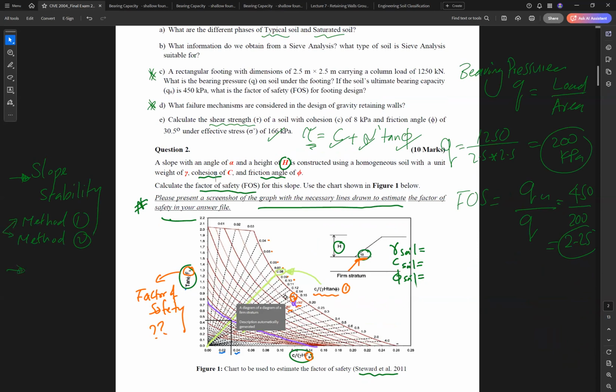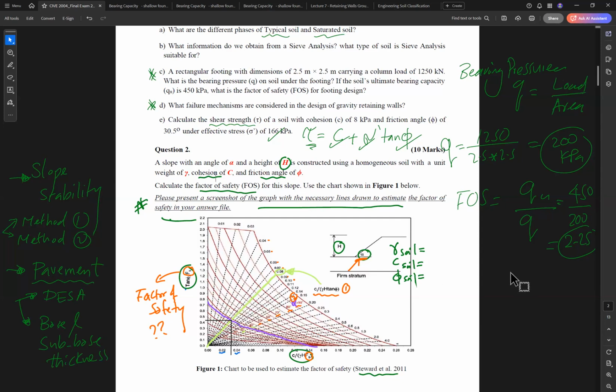So the second one is about pavement. The pavement also has two parts. One is the design ESA, the tracks and so on. One is the base and sub-base thicknesses.